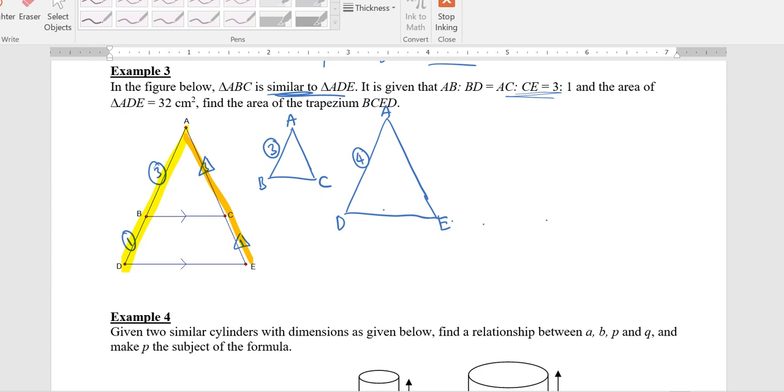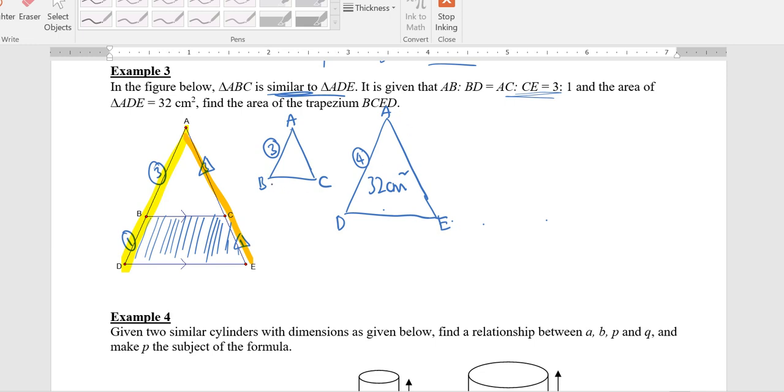It says that the area of ADE is 32 cm squared, and we are supposed to look for the area of the trapezium. Now in this question, what is similar is the triangle, not the trapezium with the triangle. So to obtain the trapezium, we can find the smaller area of ABC and subtract it from the larger area of ADE.